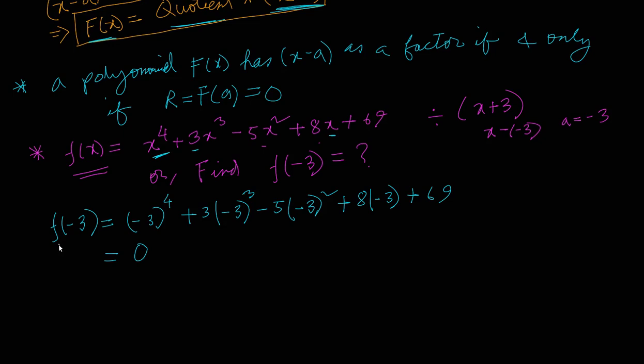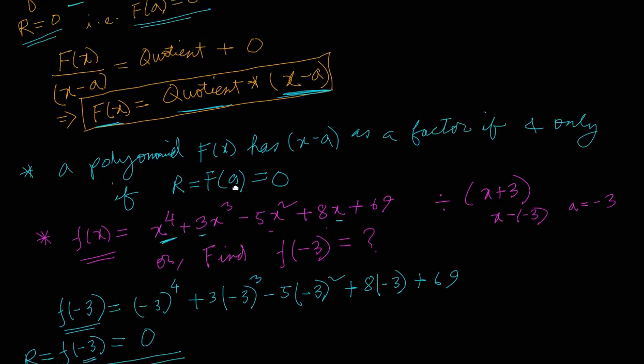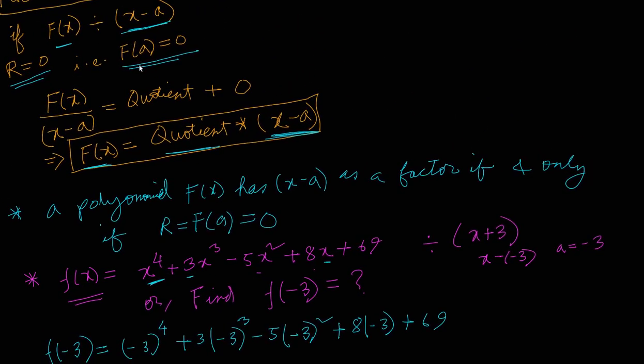So f(-3) equals 0, that means what? The remainder R, which is f(-3), is 0. That means my remainder is 0. So if f(a) equals 0, what can I say? x minus a is a factor.